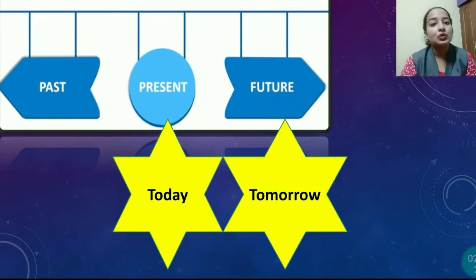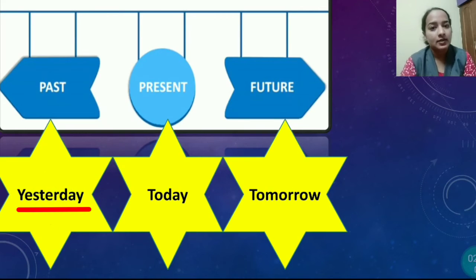What is going to happen in the future is denoted by the word tomorrow. Whatever is going to happen is called the future. And what has gone by is called the past. The word yesterday denotes the past.